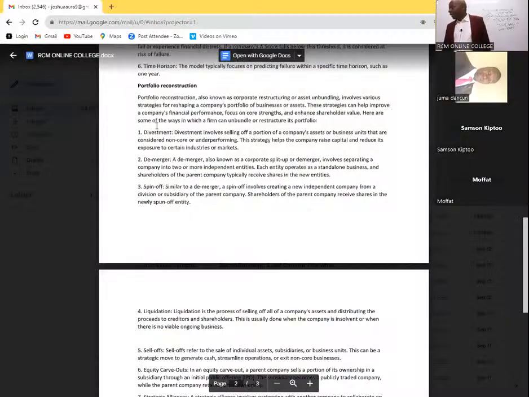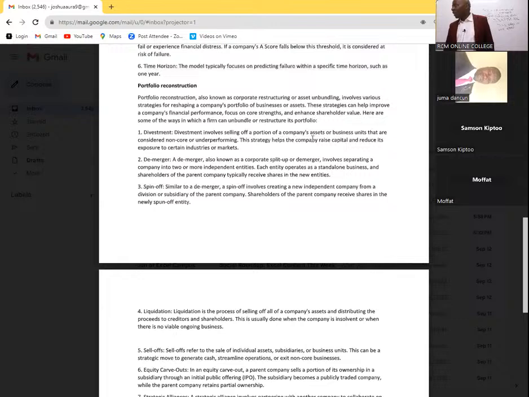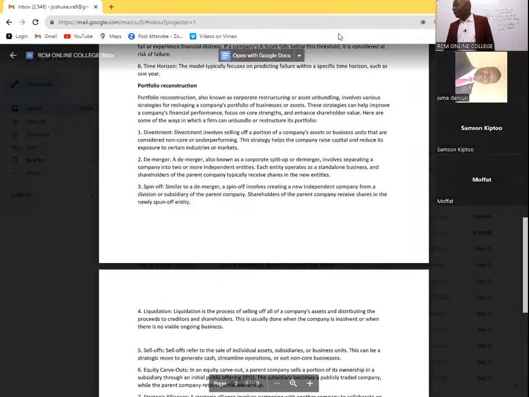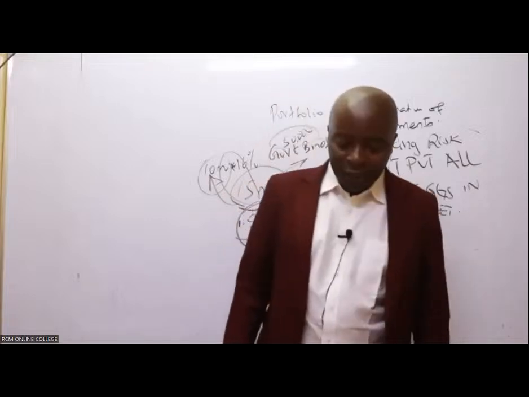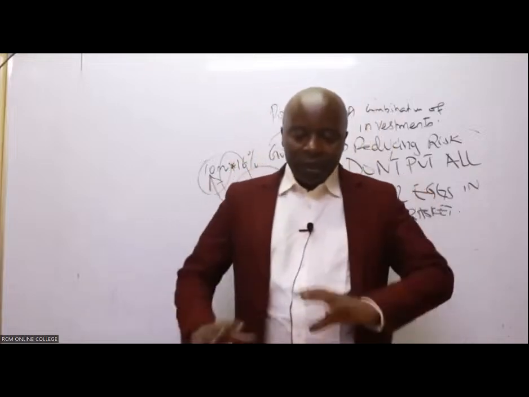So you're told here, divestment. Divestment involves selling off a portion of a company's assets or business units that are considered non-core or underperforming. This strategy helps the company raise capital and reduce its exposure to certain industries or markets. So on a divestment, ladies and gentlemen, you will look at a company like Safaricom.